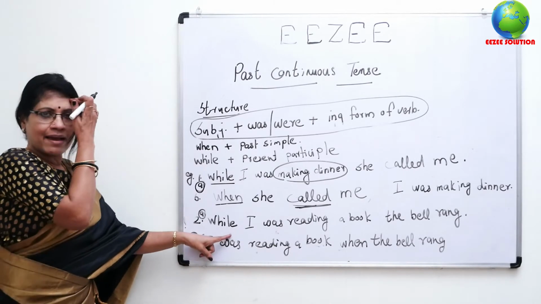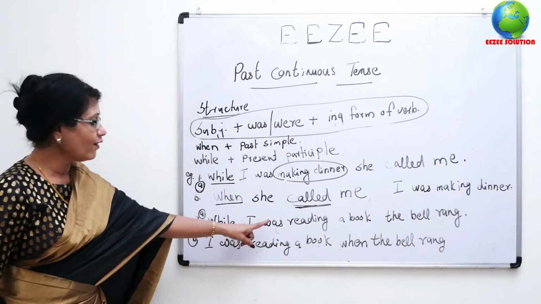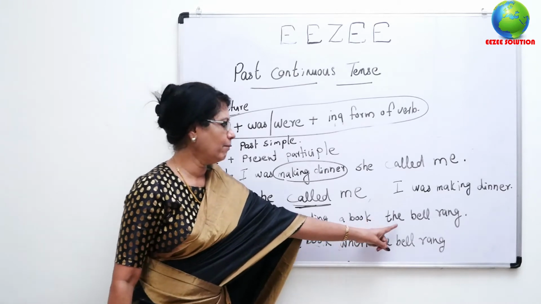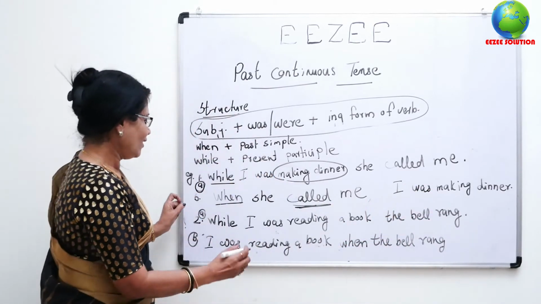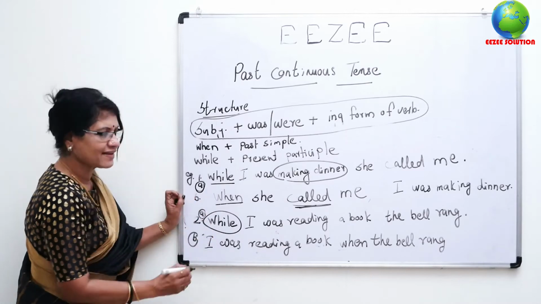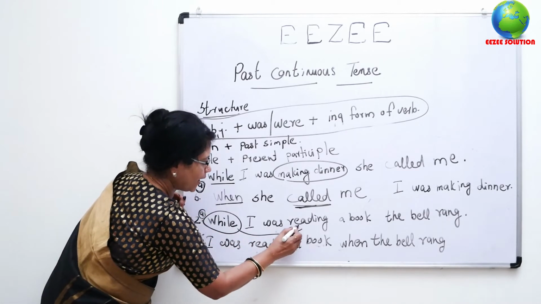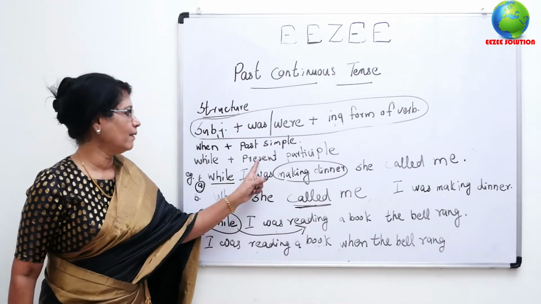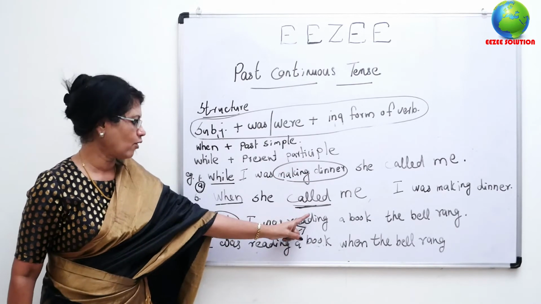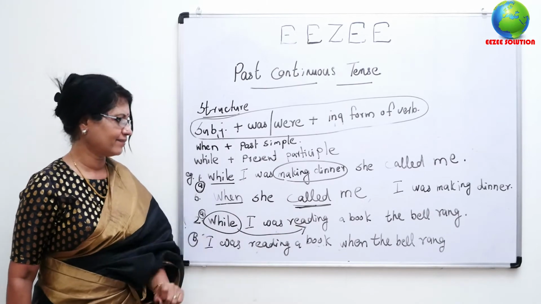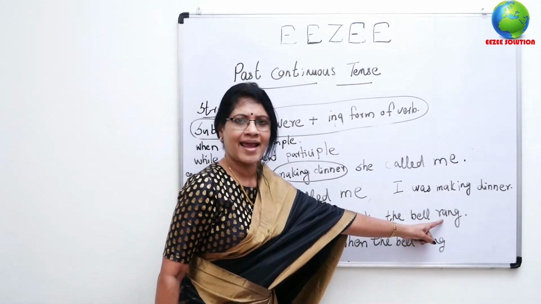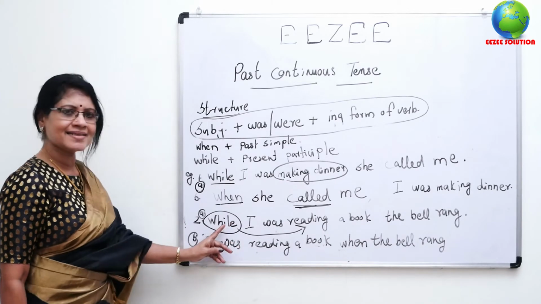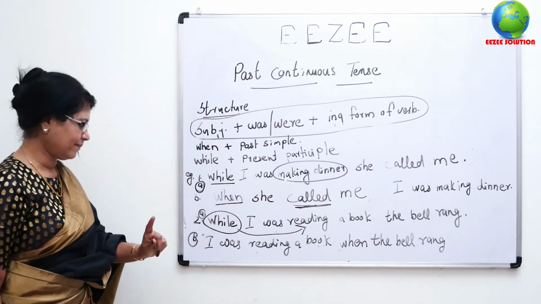The next example. While I was reading a book, the bell rang. Look here, while is used with the longer action, with the present participle, ing form of the verb. While I was reading a book, the bell rang. That's the sentence. Here in this sentence, I used while.